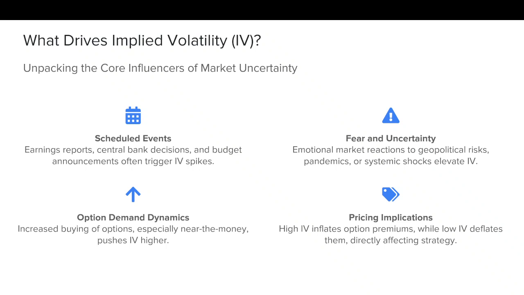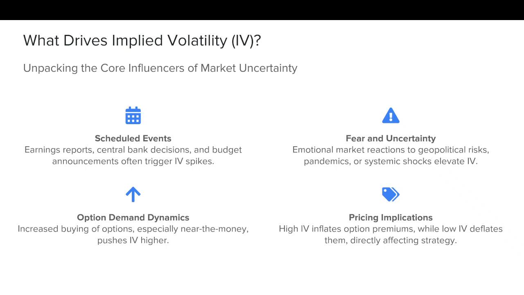Now, what drives IV? Implied volatility doesn't arise in a vacuum. It reacts dynamically to both predictable and unpredictable influences. Scheduled economic events like earnings release, Federal Reserve or RBI announcement, national budgets, they often inject volatility into markets. Traders anticipate sharp moves around these events, which drives IV upward.